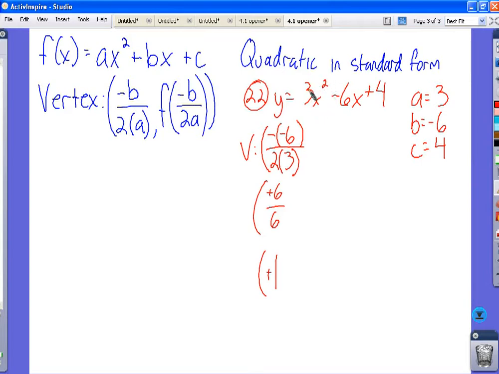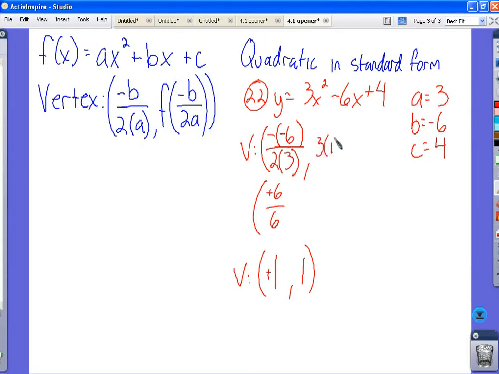So 1 squared is 1 times 3, that's 3. 3 minus 6 is negative 3, plus 4. Negative 3 plus 4 is positive 1. There's the vertex. We found both parts of the vertex. We found the x by negative b over 2a. We found the y by plugging that result into the function.